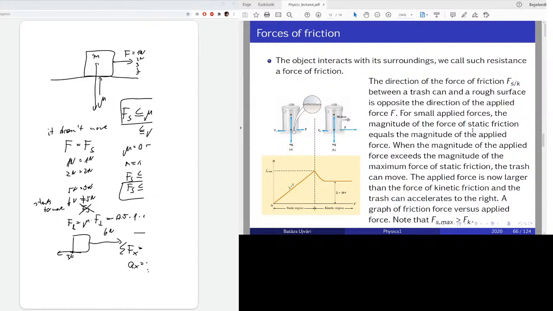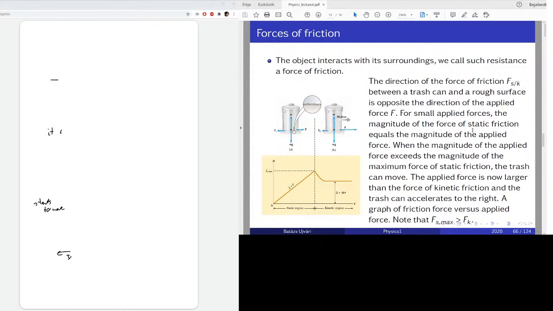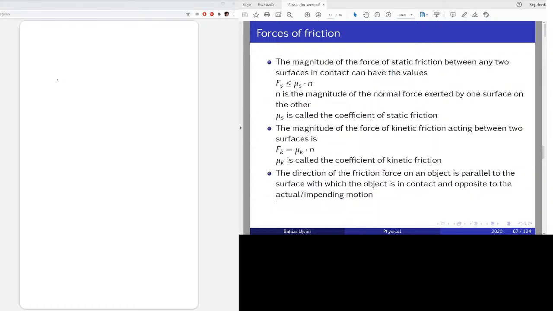And from here, we can calculate only with the kinetic friction, which is a fixed number, so it won't change. And the sum of the forces along the given axis will give you the acceleration. Alright, so this is a summary about frictions.